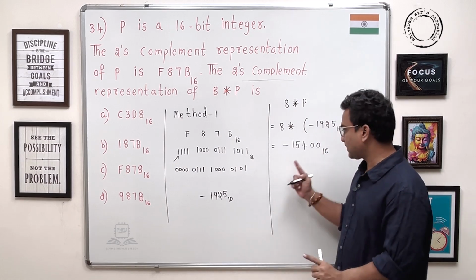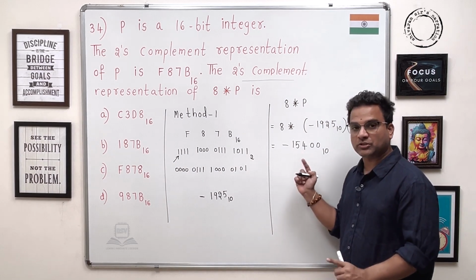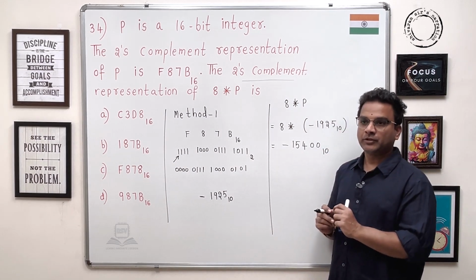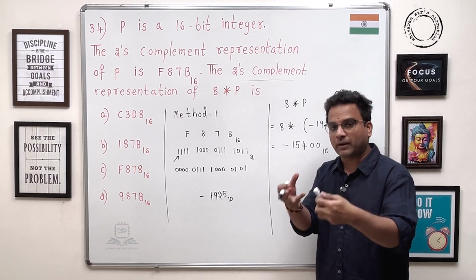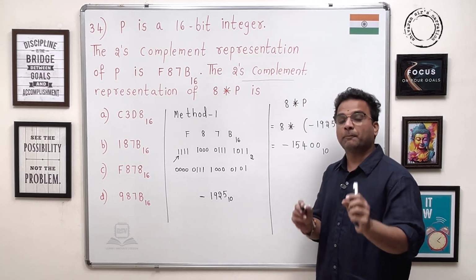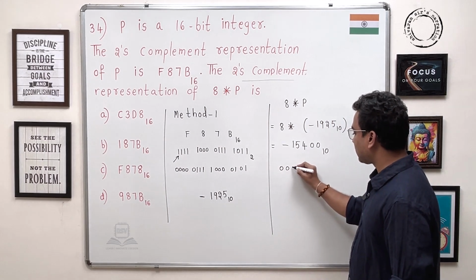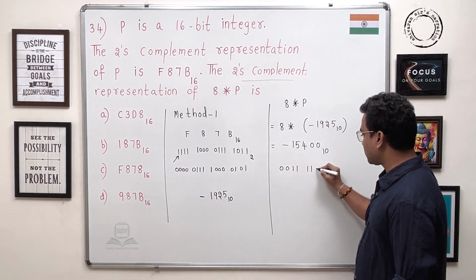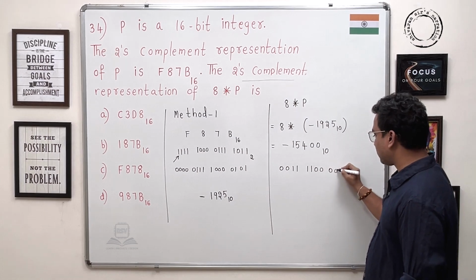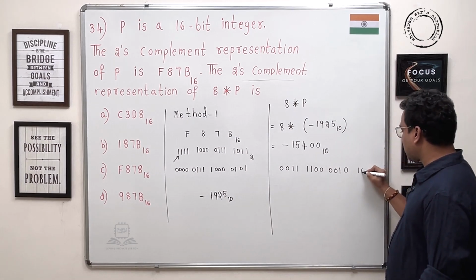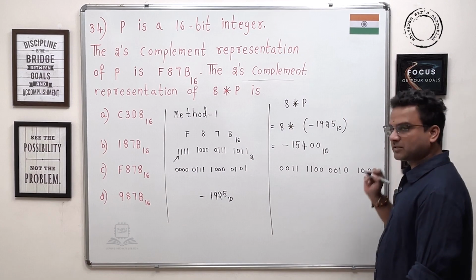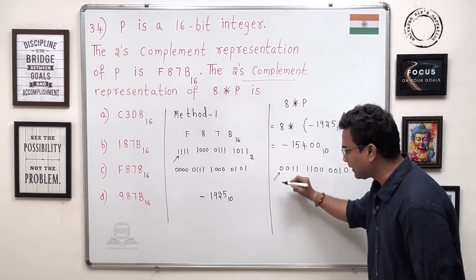Here you convert this 15400 into binary including the sign bit. If you represent it, then the binary sequence is 0011 1100 0010 1000. This is the one. This is the sign bit.